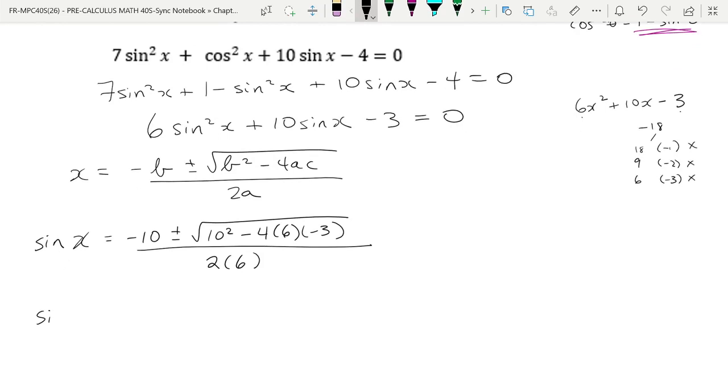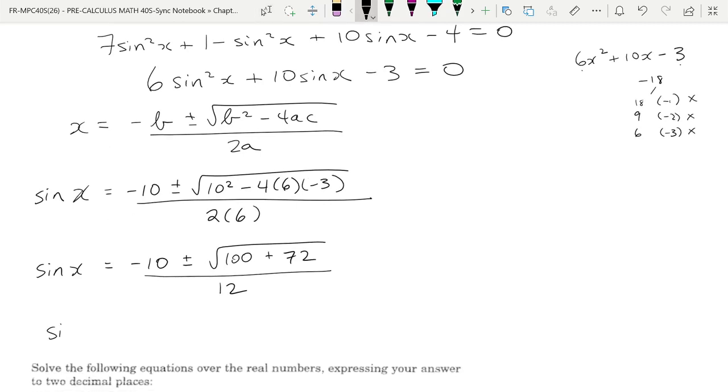So the sine of x is negative 10 plus or minus, okay, I got to do some arithmetic here. 10 squared is 100, and 4 times 6 is 24. 24 times 3 is 72, and it's a minus a negative, so I might as well just say plus 72, right? The negatives cancel, over 12.